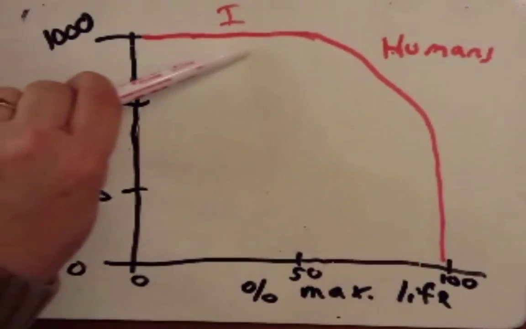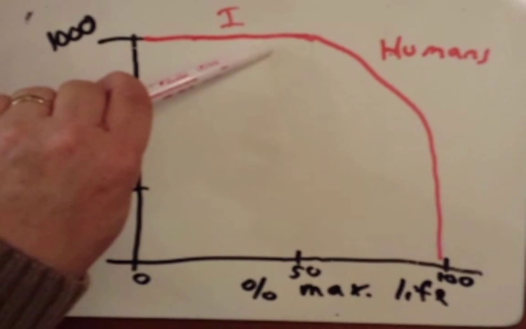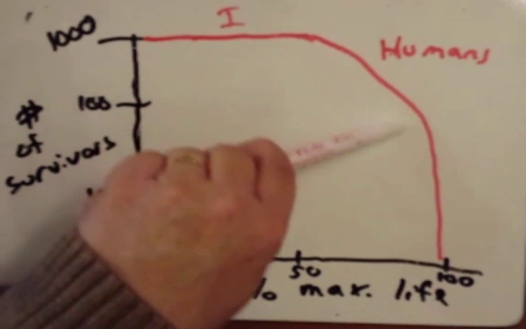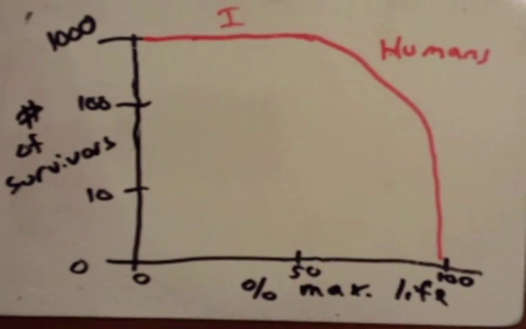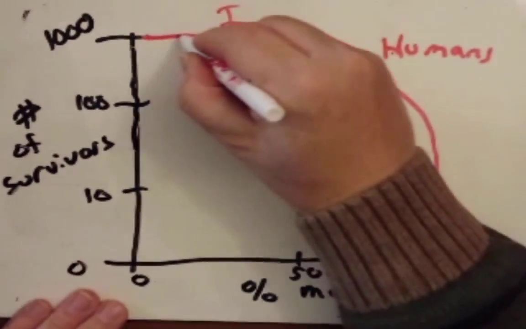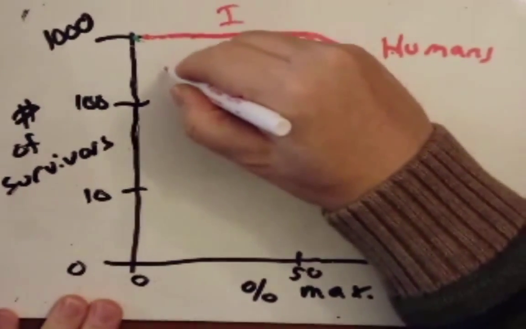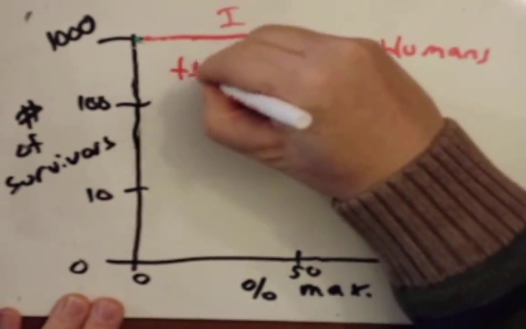You and I represent a type 1 survivorship curve. Most humans will survive long enough to reach 50% of maximum life, and then they will steadily decline. I should have probably drawn this line to show a steady decrease, because we know not everybody in a type 1 survivorship curve survives until they begin to drop. So some key features of a type 1 survivorship curve would be that few progeny are produced.